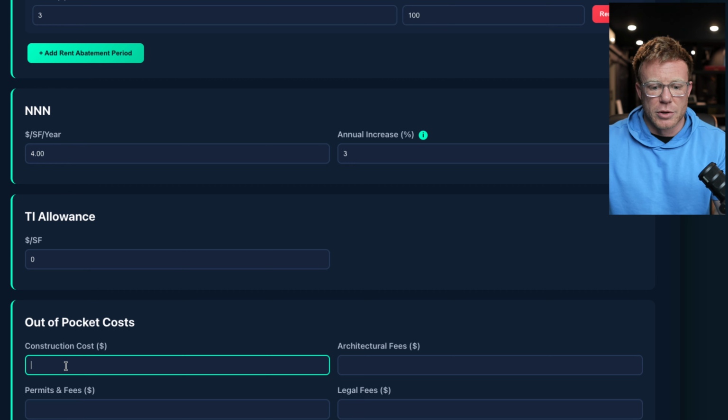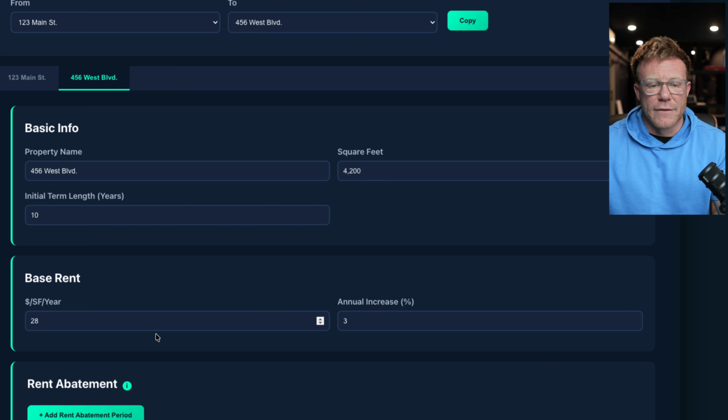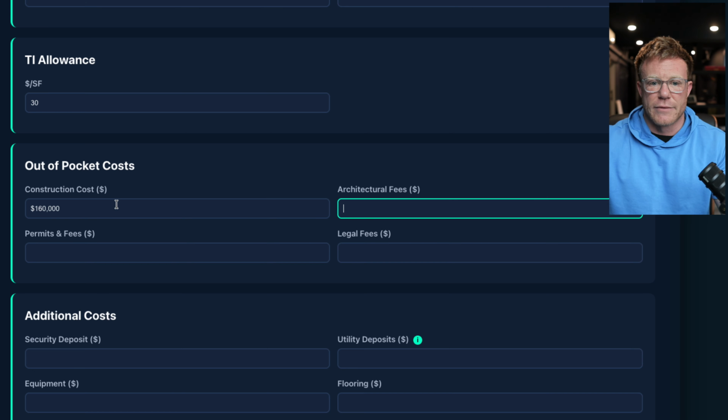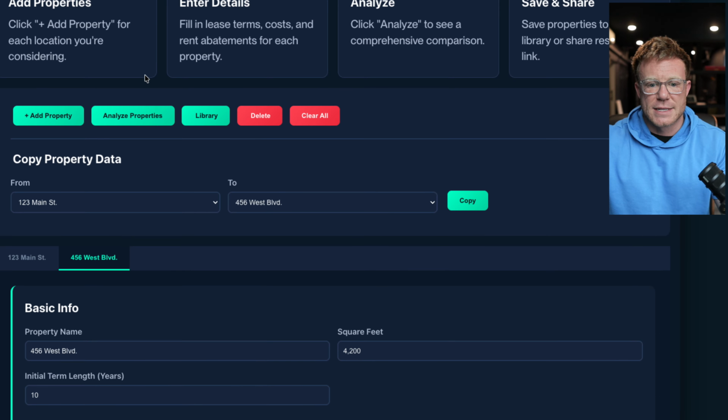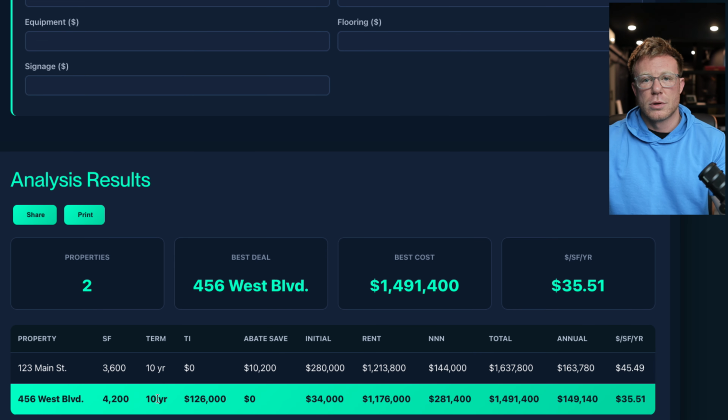We're going to go ahead and say, well, the construction cost is $280,000 here. Okay. And because we're getting TI on the 456 West Boulevard, our construction cost is only, let's say it's only going to be $160,000 because the TI the landlord's giving has been helpful. Come back up to the top, hit analyze. Oh, look at that.